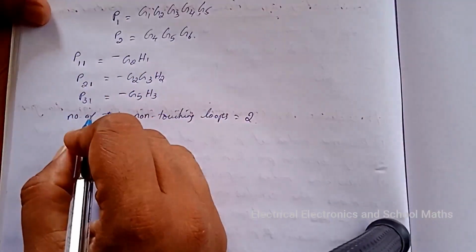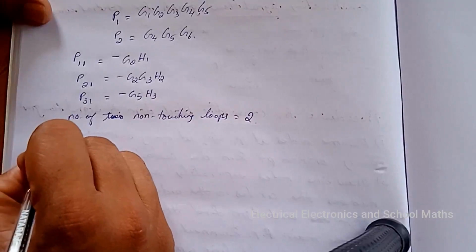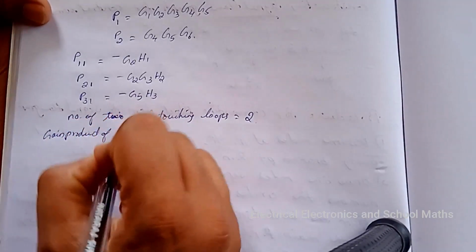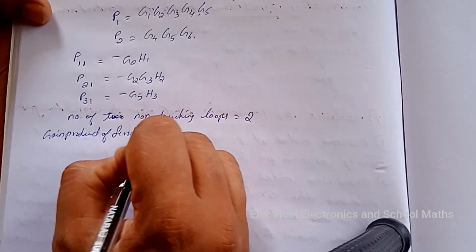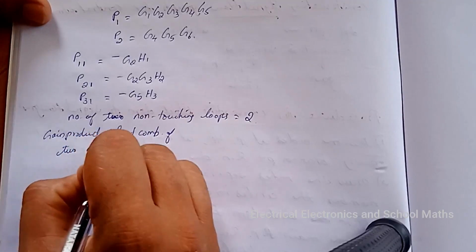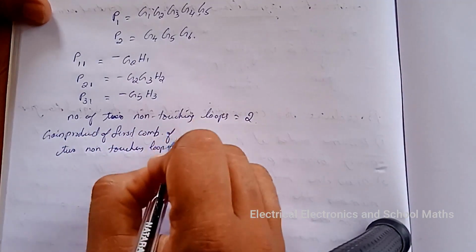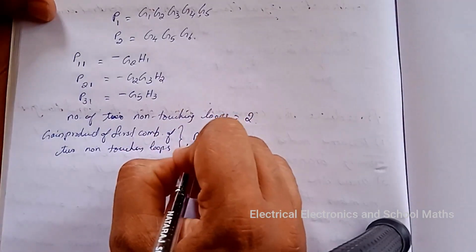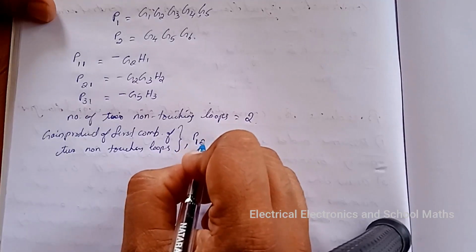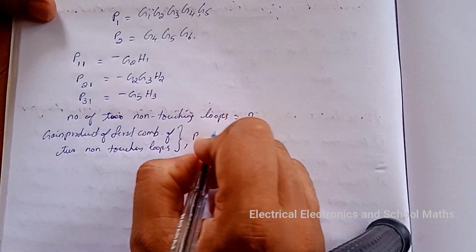Let the gain product of the first combination of two non-touching loops be P12. Here the 2 is for two non-touching loops, and the 1 is for the individual loops.